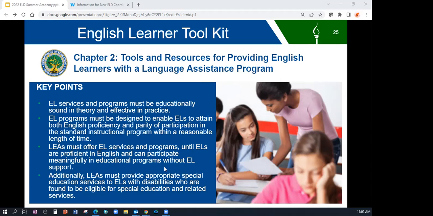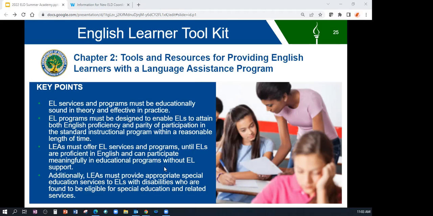And that's one thing that we've had to address quite frequently in the past few years. For some reason, we have a lot of districts who think when they get to a level 3, we can stop providing them services and push them into the regular classroom and just maybe visit with a classroom teacher.